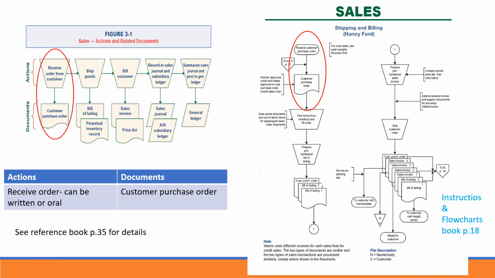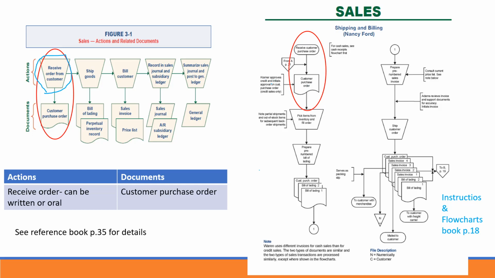The first row here lists the actions in this subcycle, and the second row lists the document related to each action. So the relevant document for this step is the customer purchase order. You receive the customer's purchase order, and the document would be the customer purchase order.